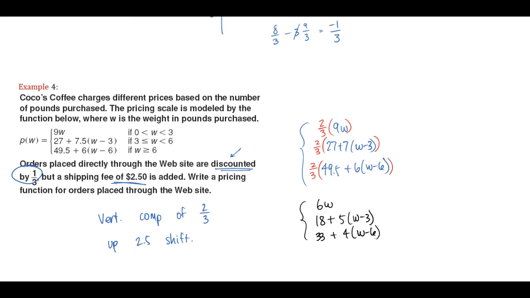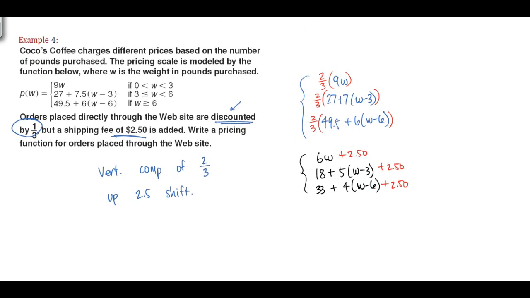And now look at our last step. We need to add that $2.50 shipping charge. So this piece gets $2.50 added to it, this piece gets $2.50 added to it, and this piece gets $2.50 added to it. And now we have our new pricing for our online store. We'll call it pricing for online, maybe O, though that's a gross letter to put in a variable, so I'm going to leave it as W's.